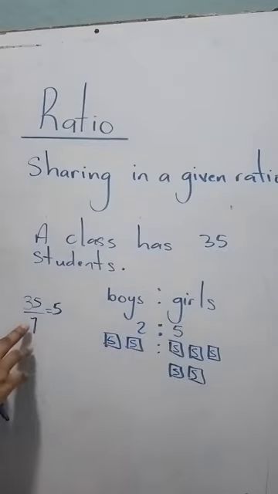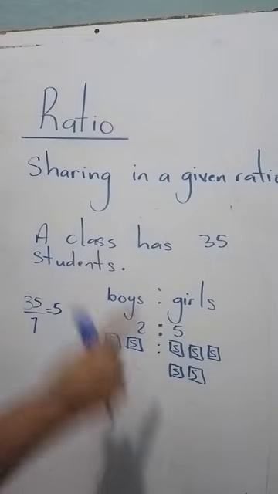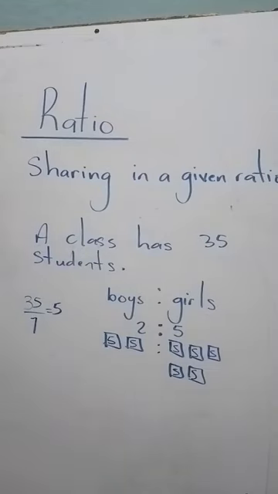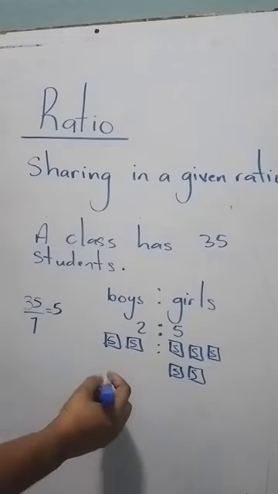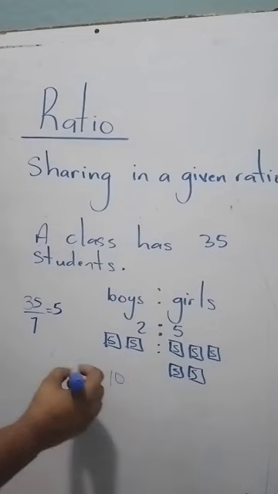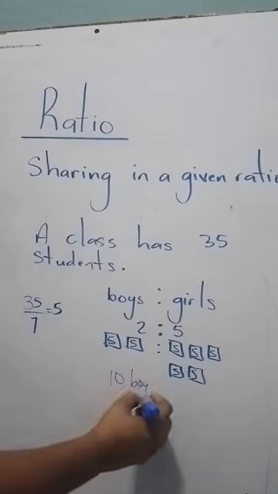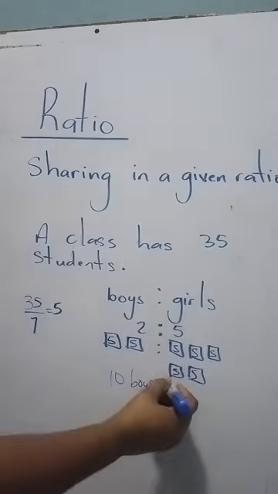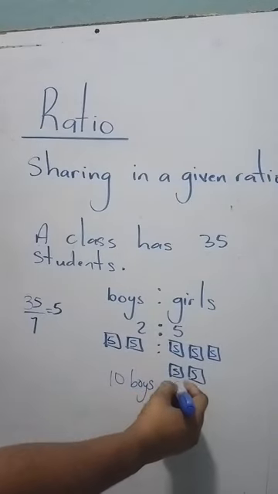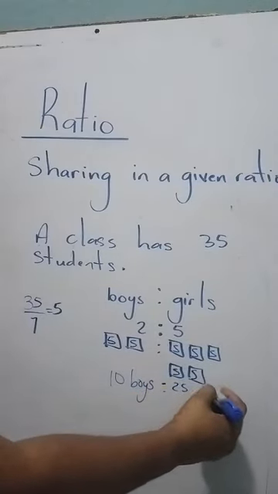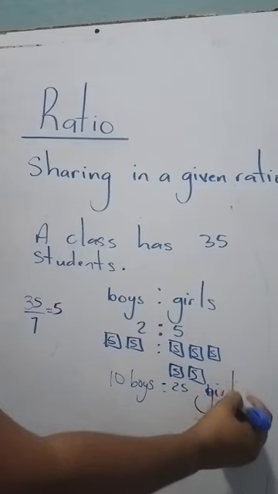That means I should divide it into 7 equal parts such that each part gets 5. How many boys are there in total? In total, I would have 10 boys of the 35. And in total, I would have 25 girls of the 35.